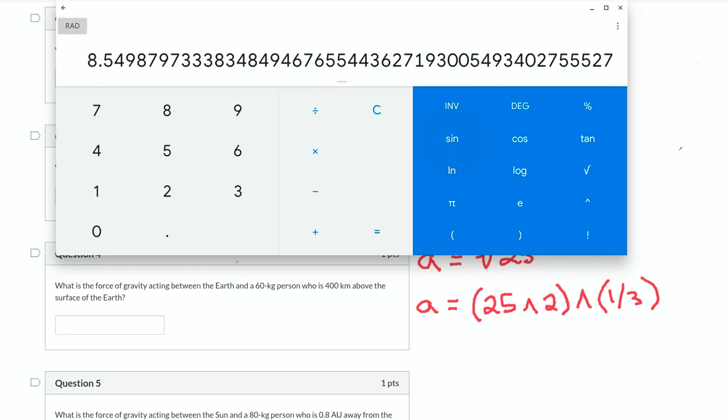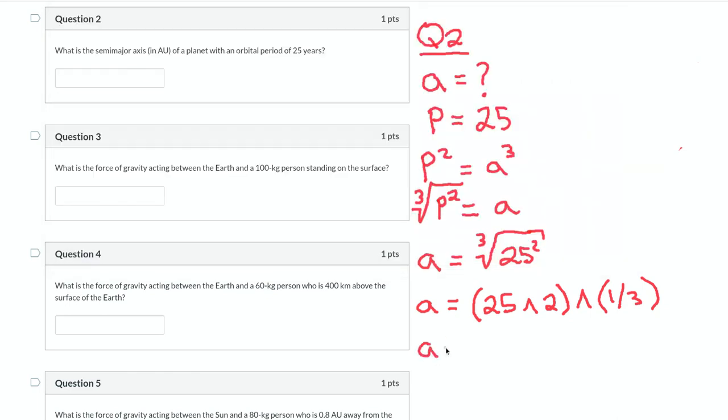All right, and I end up with a semi-major axis of, we're just going to take the first couple numbers out of this huge string, 8.55, rounding, 8.55 AU. So there's my answer for question 2.